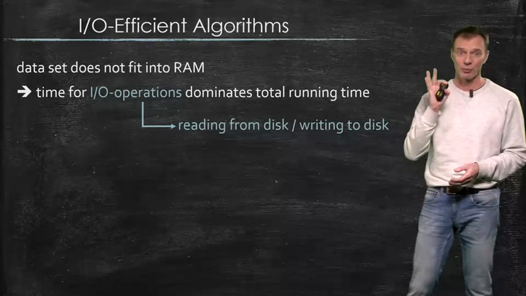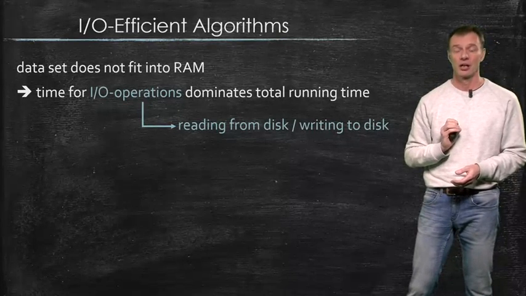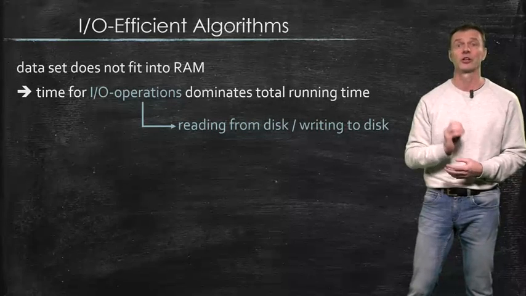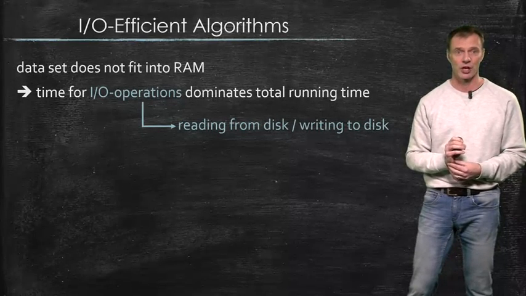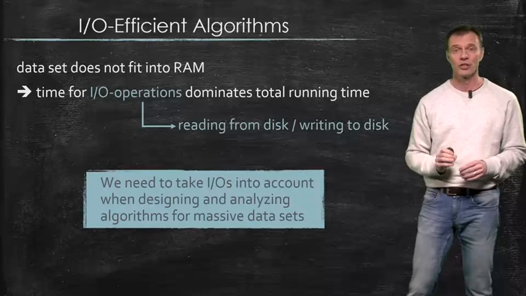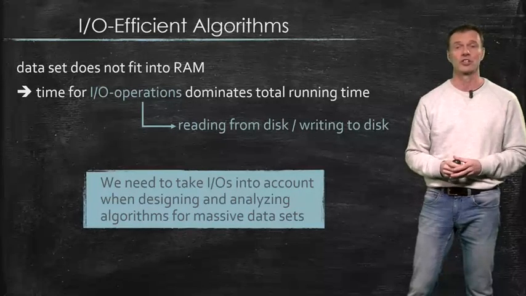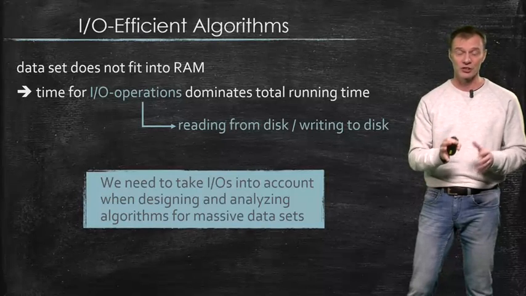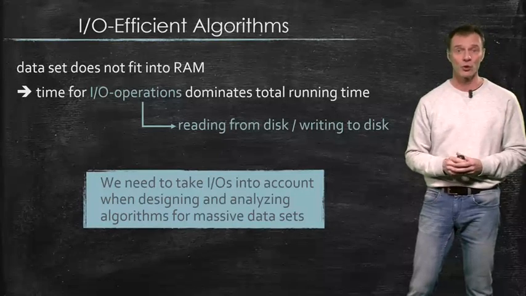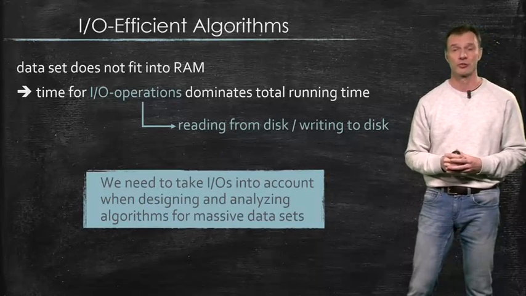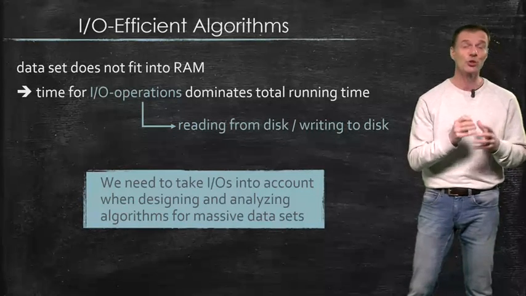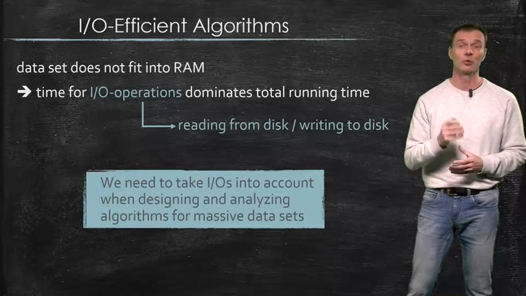So the time is dominated by the number of IOs rather than by the CPU computation time. And that's why you need to take these IOs into account. And in the example we just saw, it could be that if you compute it row by row, the whole computation runs in a few seconds, but if you do it column by column, then it will take several hours.